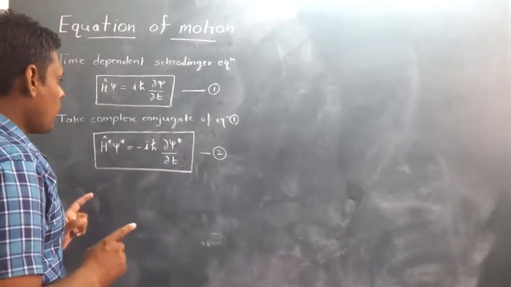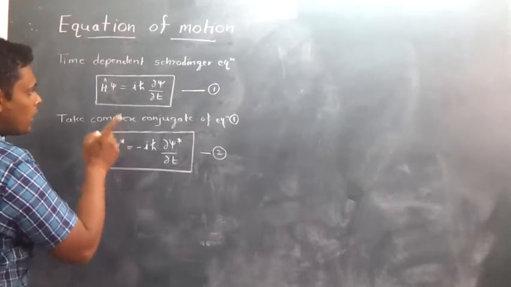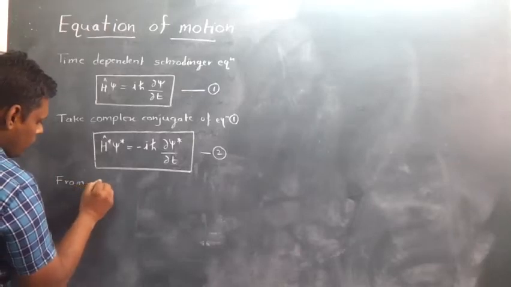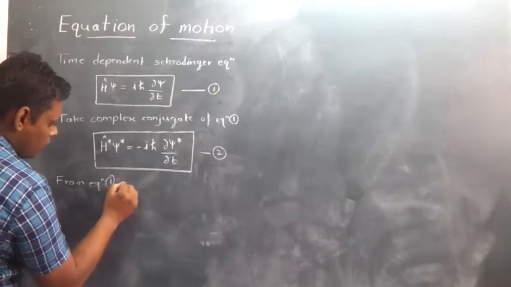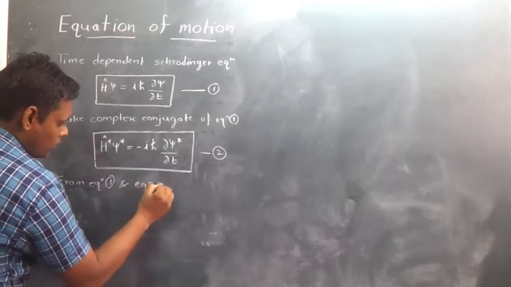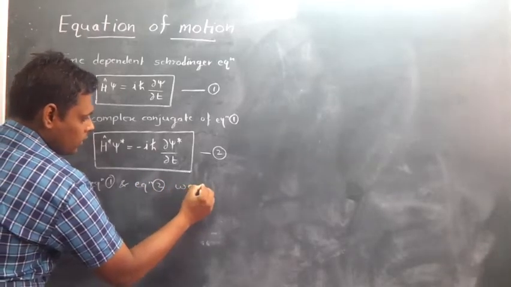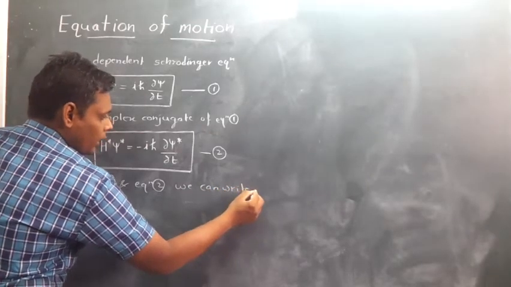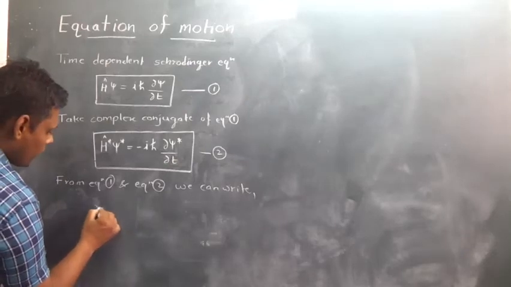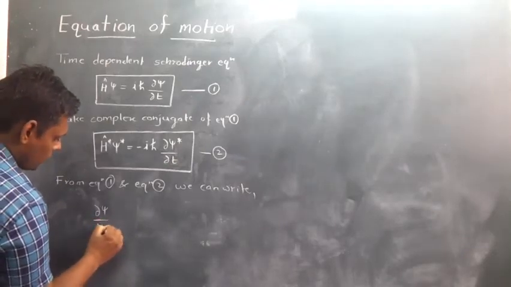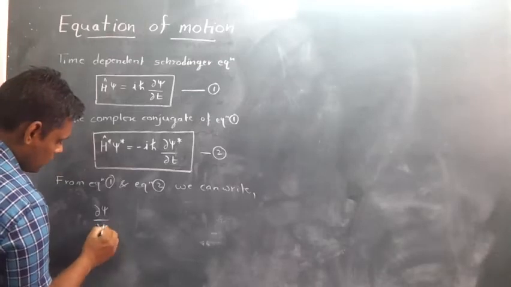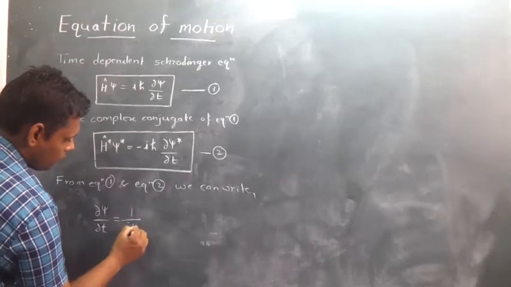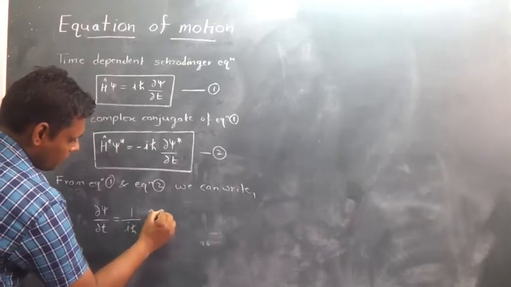From equation 1, we can write the value of delta psi upon delta t as 1 upon i h cross H cap psi.